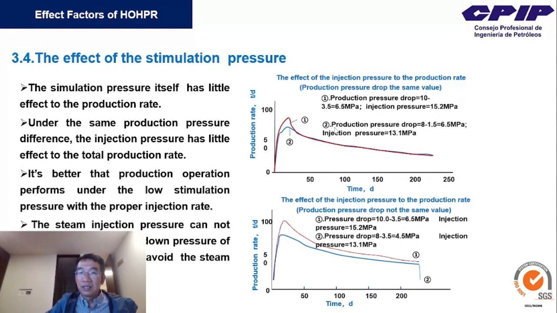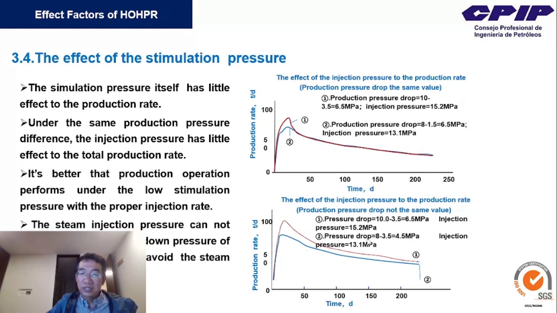The second line has the same production pressure drop, 6.5, and the injection pressure is 13.1. We can see the injection pressure is higher, and the production rate is good.